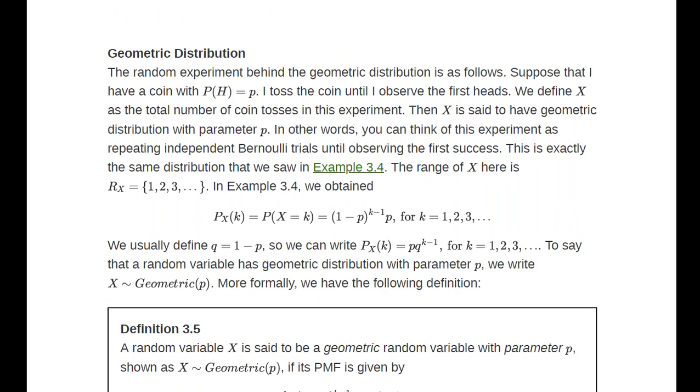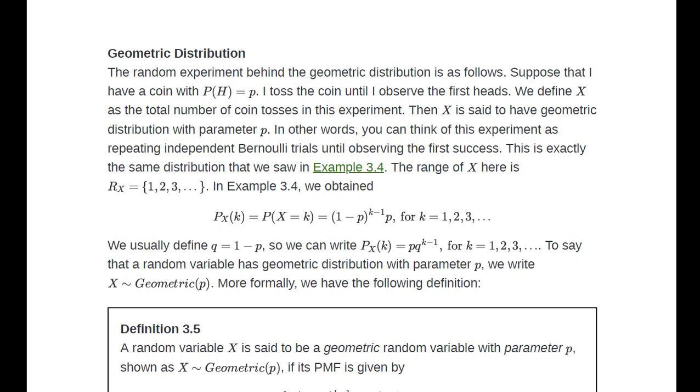The second distribution is the geometric distribution. The random experiment behind the geometric distribution is as follows. Suppose that I have a coin with probability of heads equal to p. If you toss the coin until you observe the first head, we define X as the total number of coin tosses in this experiment.